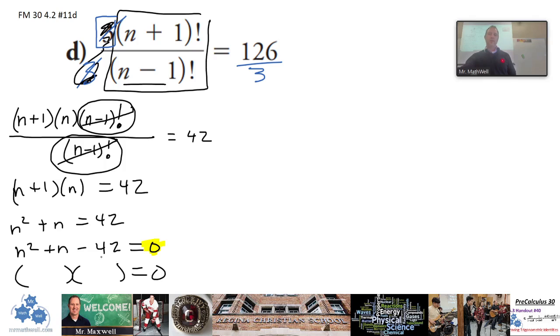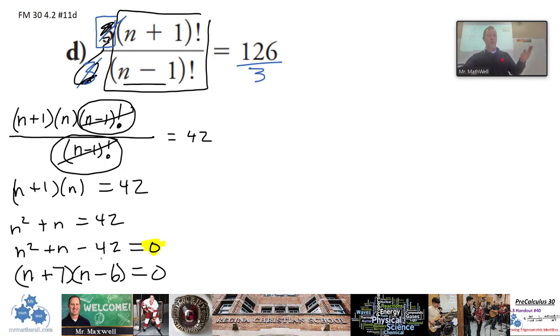So the numbers that multiply to negative 42 would be, let's say, 7 and negative 6. So I put an n here and an n here because n times n is going to have to equal n squared. And then I simply use those 2 factors and complete my binomial: positive 7 and minus 6. That's how you factor that.